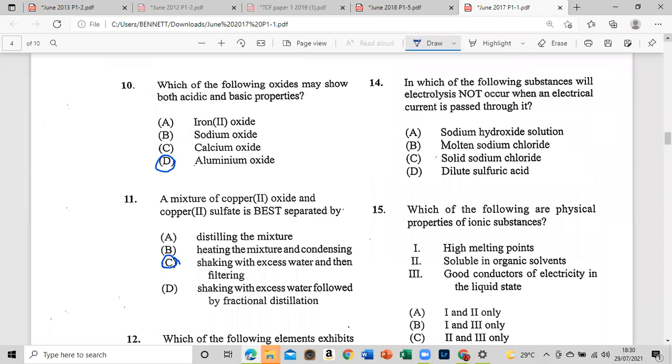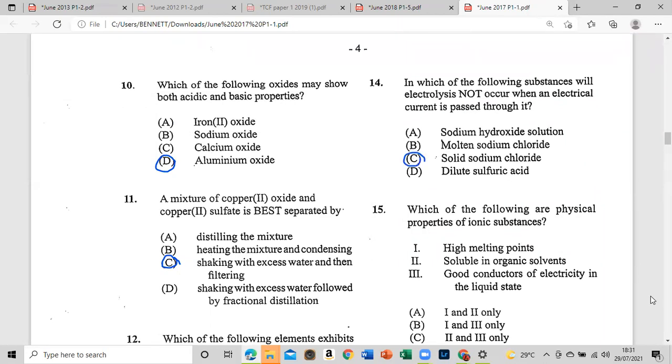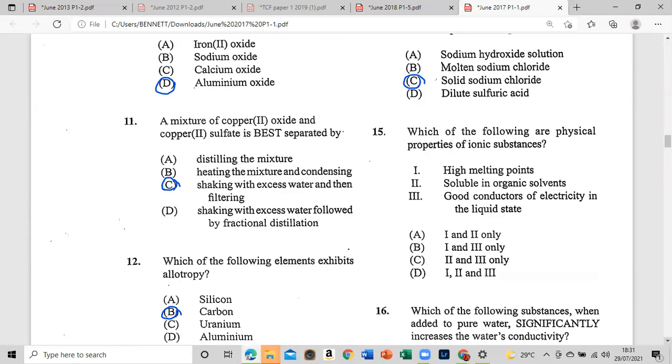All right, 14. Which of the following substances will electrolysis not occur in when electrical current is passed? I'm just going to go straight to the answer. It's solid sodium chloride, because we have done that one earlier. Let's move on to 15. Which of the following are physical properties of ionic substances?